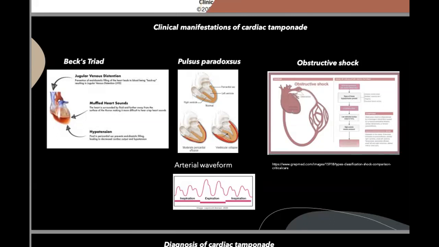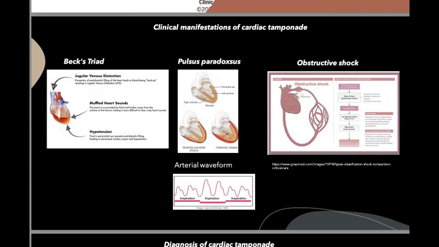So we don't have a lot of blood that can be pumped out. And this will show us more than 10 millimeters of mercury. When it comes to systolic blood pressure, you will see a huge difference in there. So this will be for our pulsus paradoxus.